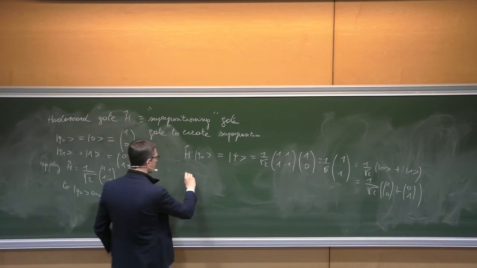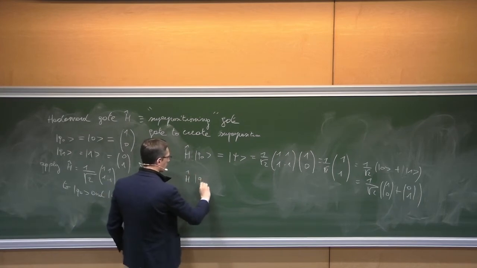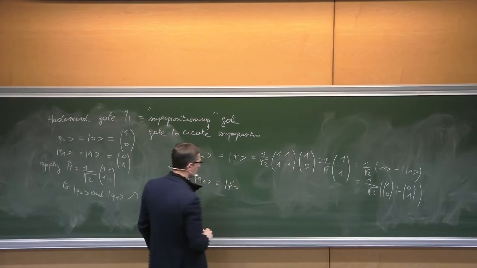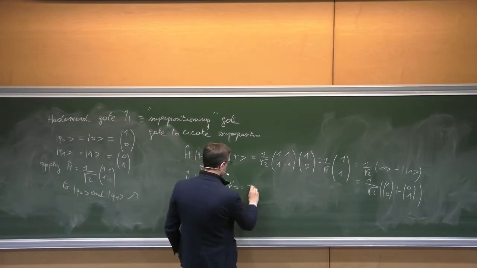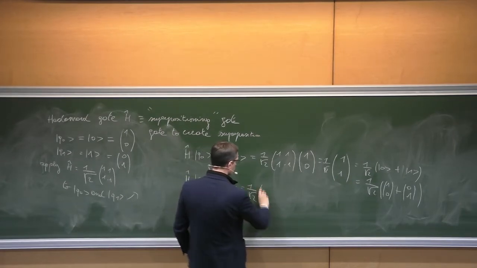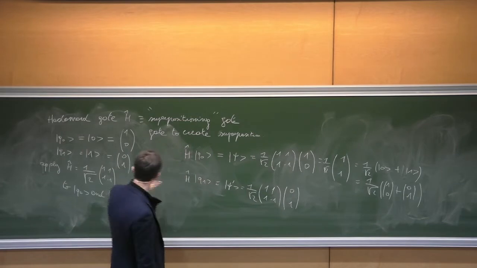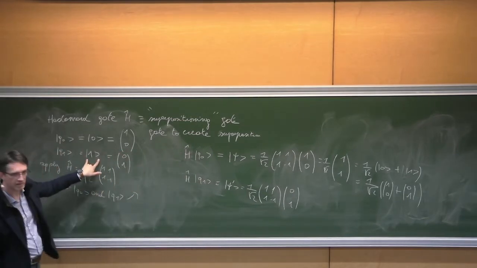So we can do the same on Q1. So we will have psi prime. So that would be 1 over square root of 2, times (1, 1; 1, -1), applied to (0, 1) this time, because I applied it to the state vector 1.